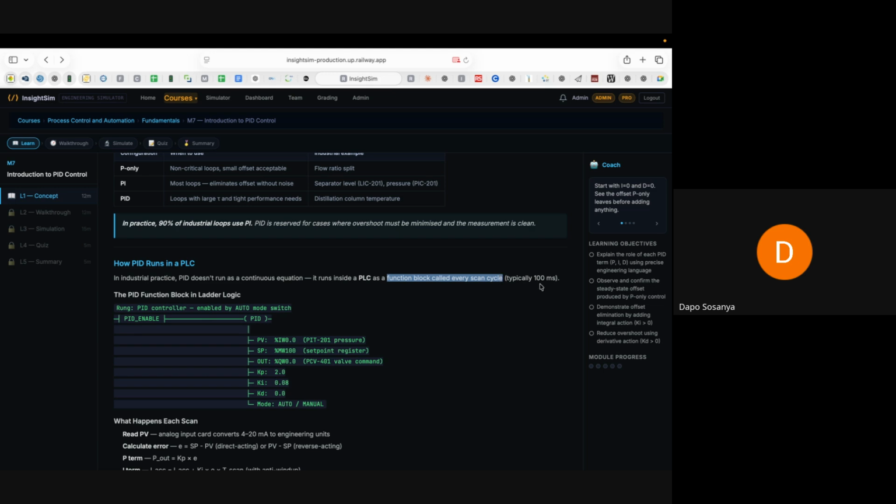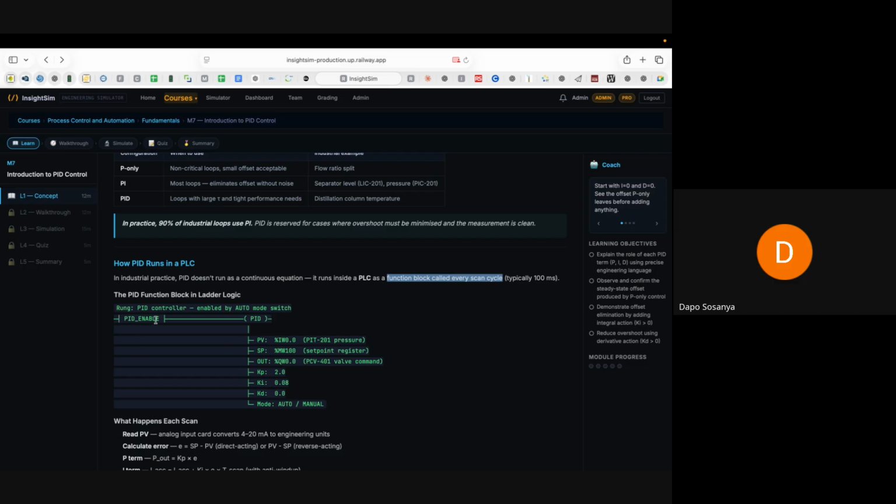Typically 100 milliseconds. So the PID function block in ladder logic. So this is how it looks like. This is the block, right?